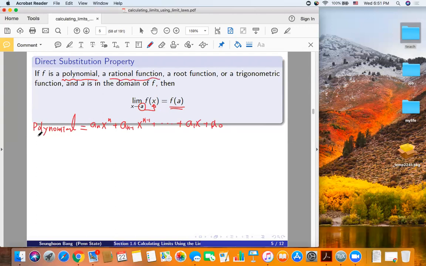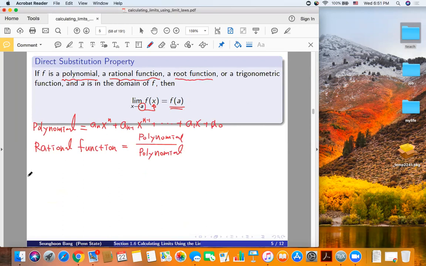A rational function is a polynomial over a polynomial.